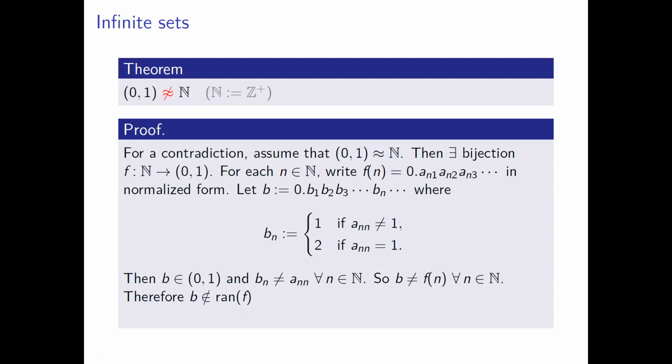Therefore, b does not belong to the range of the function f, which implies that f is not a surjective function. This gives rise to a contradiction since f is a bijection from N to the open interval from 0 to 1. Hence, there is no bijection f from N to the open interval from 0 to 1. This proves that the open interval from 0 to 1 is not numerically equivalent to N.